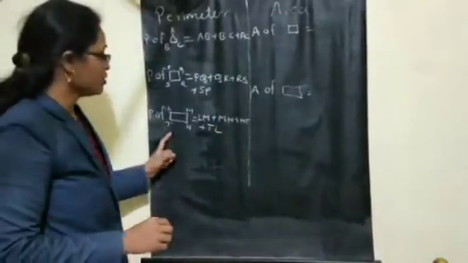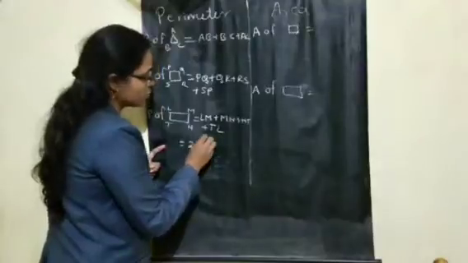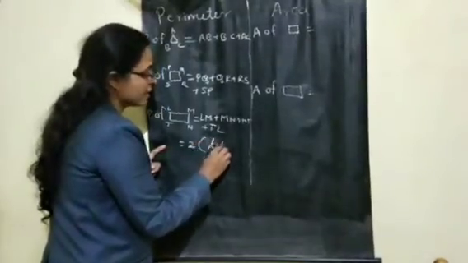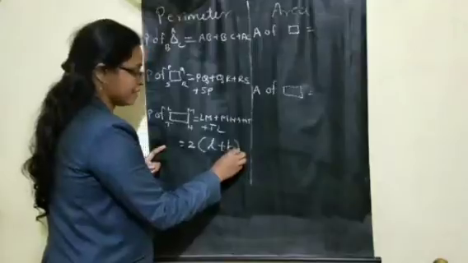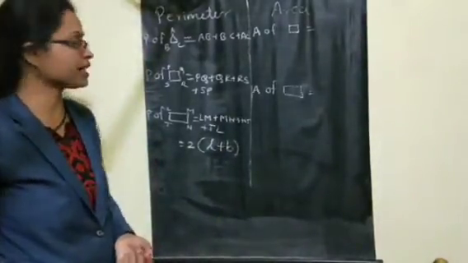Or you can use the formula for the perimeter of a rectangle, 2 in the bracket length plus breadth. Understood? So this is the perimeter of a rectangle.